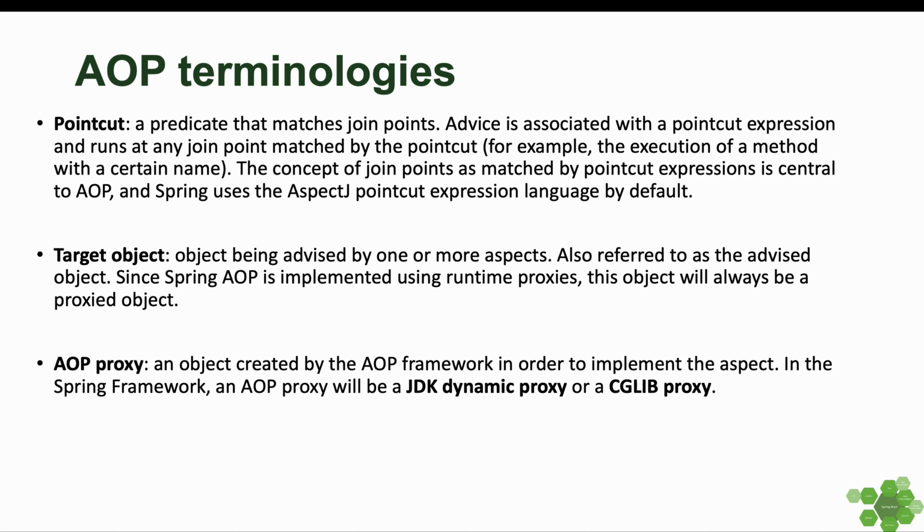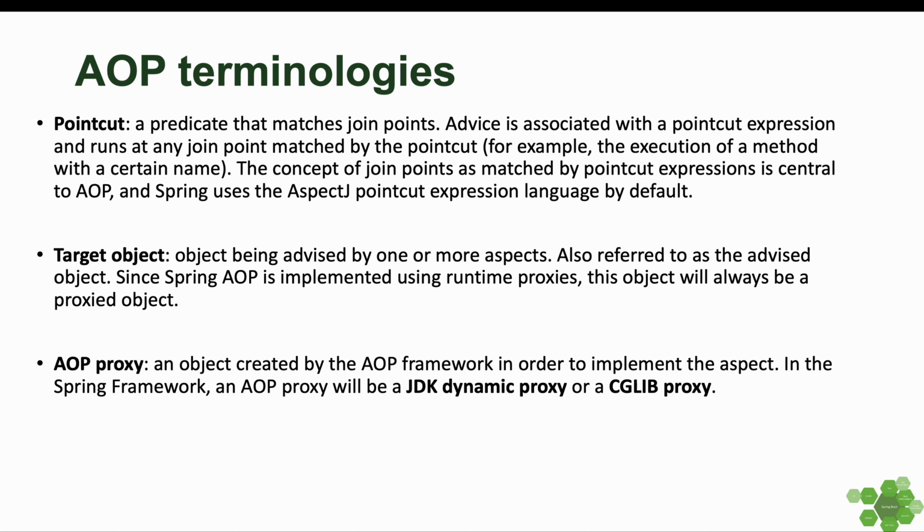Target object. An object that is being advised by one or more aspects is referred to as a target object. For instance, let's talk about the example I made earlier in one of the videos, where someone wants to transfer money from one account to another account, and we want to perform some validation.